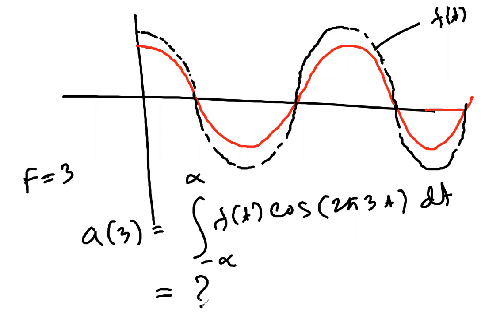It should be, because in all the cases, whenever you are multiplying, from 0 to this point, you have a positive value. From this point to this point, you have again a positive value, because negative times negative is positive.